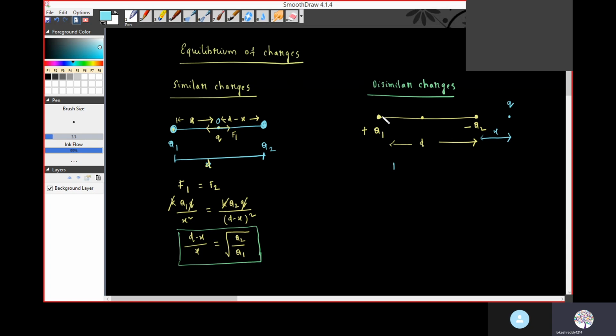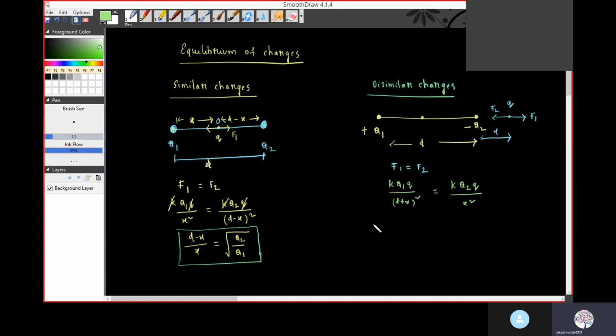Now you calculate the force. This one is going to push q in this direction, I'm calling this F1, and this one is going to attract in this direction, that is F2, and F1 and F2 should be equal. So k Q1 q by (d plus x) whole square is equal to k Q2 q by x square.